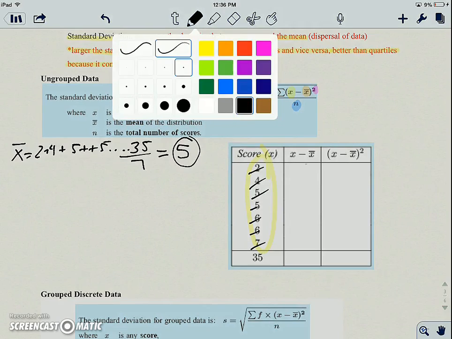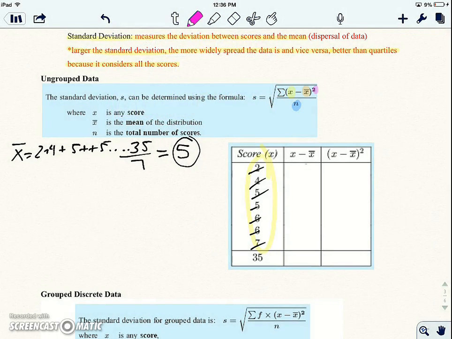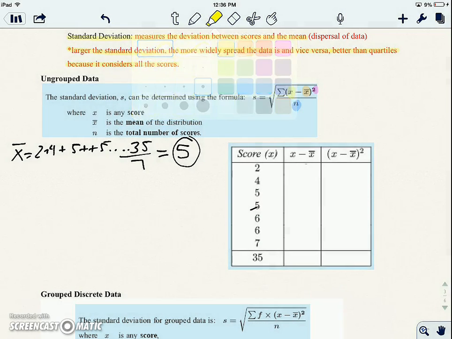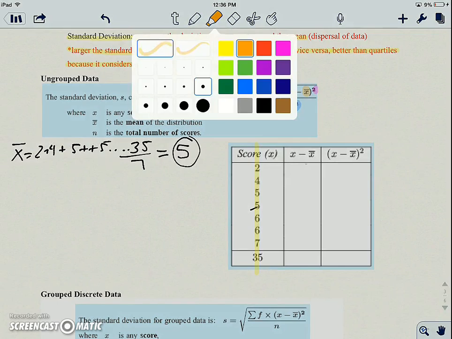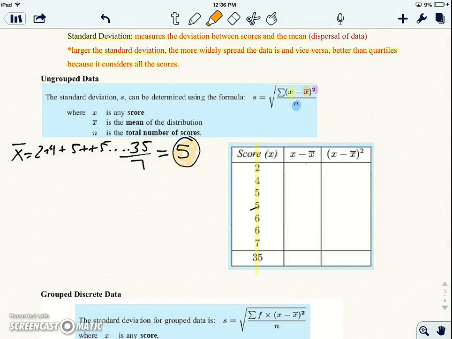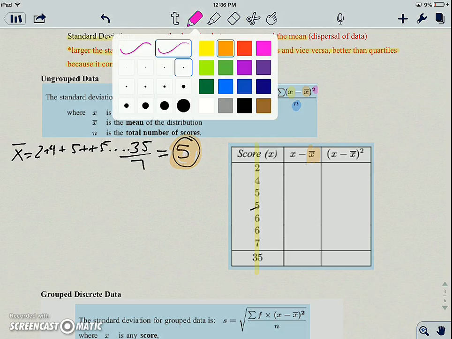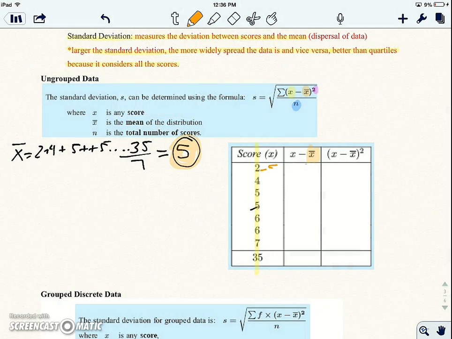Now we're going to subtract. So let's just erase all of this. I'm going to take all the scores and subtract from it the average. I did the average as orange. So 2 minus 5 is negative 3.